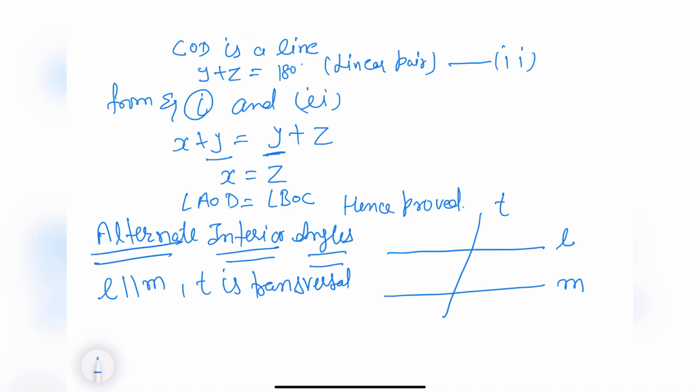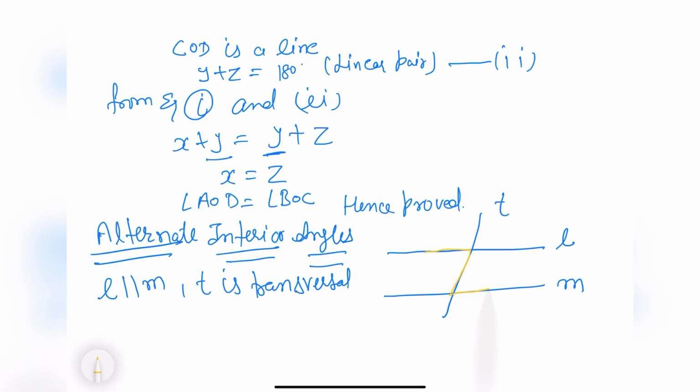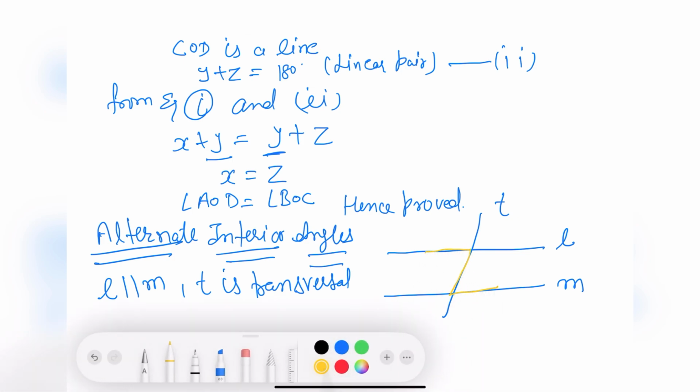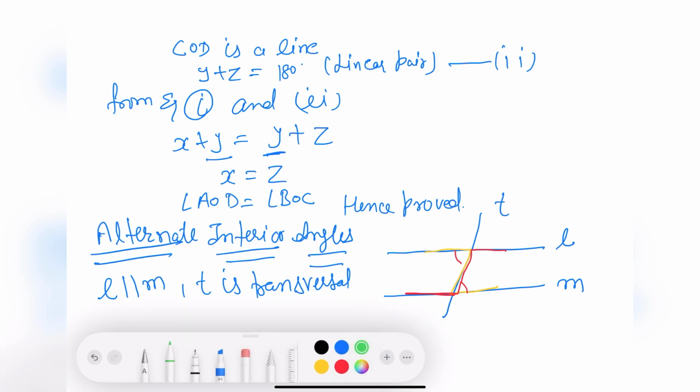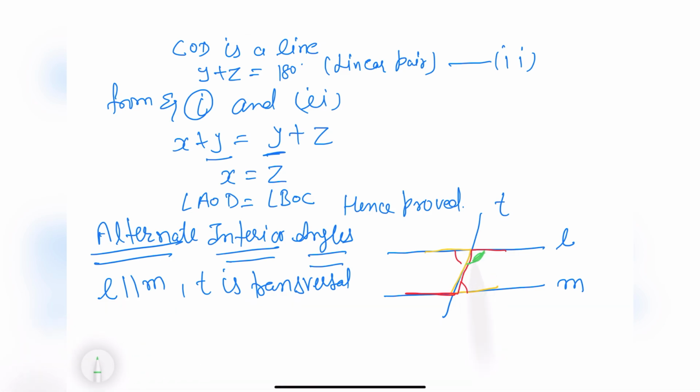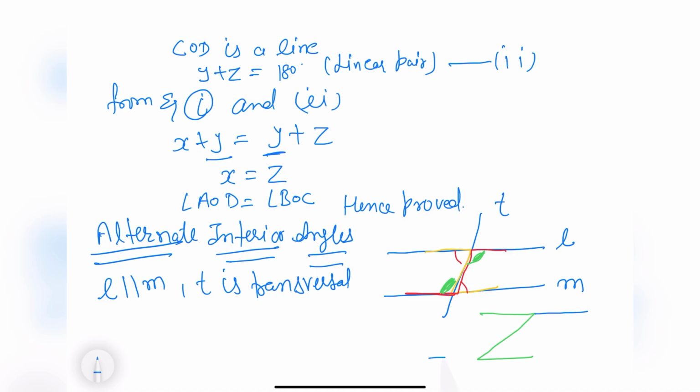So when the angles are in the form of a Z, how can we find them? They are making a Z in this way, or you can also consider a reverse Z in this way. So the angles forming inside it are alternate interior angles. Like you make a Z, extend these lines, we can extend this line.